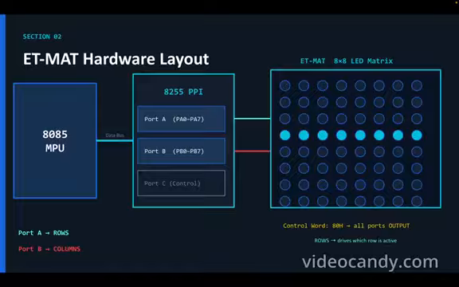So this ET-MAT is connected to our 8085 microprocessor through the 8255 peripheral interface using a 26 pin FRC cable. This cable is used to send the output from our 8085 into the module and then to the LEDs, so that we can see what's happening.